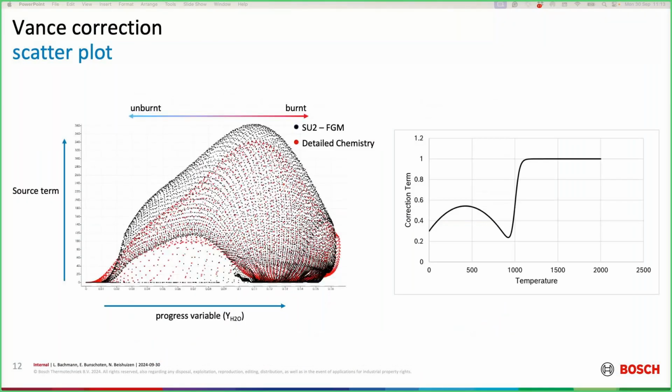So we also tried out another option. Vance et al. in 2023 proposed a correction term that is looking like this. So the idea is that you multiply this correction term with the source term. It is depending on the equivalence ratio, so on the mixture of the inlet, and on the temperature.